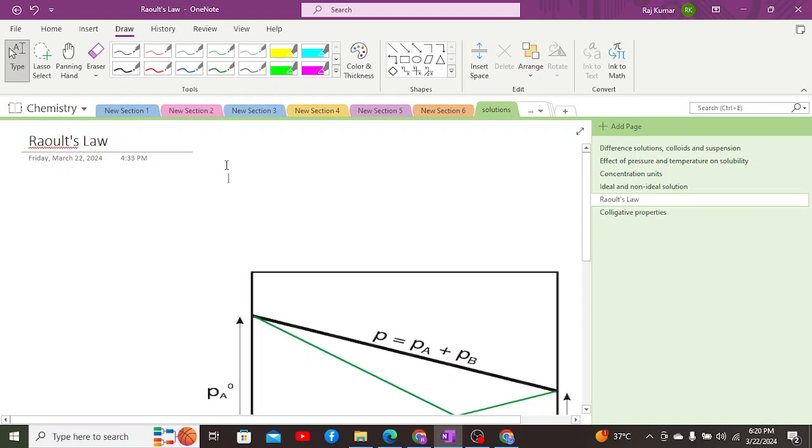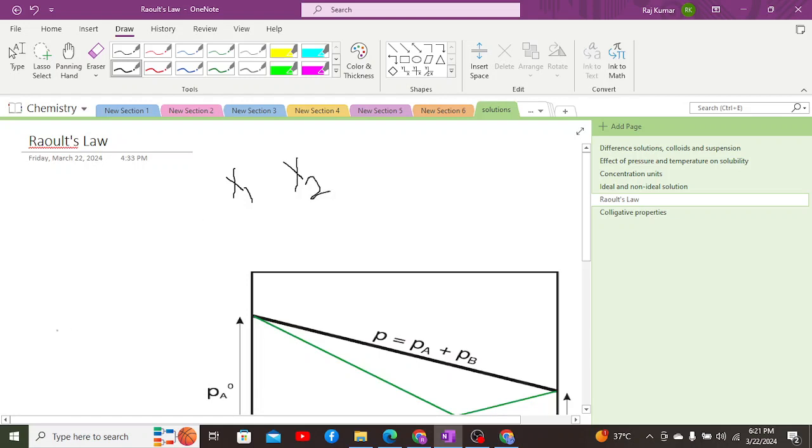His statement was that the vapor pressure of a solution with a non-volatile solute is directly proportional to the mole fraction of the solvent. If we were to write this equation, we can consider x1 as the mole fraction of the solute and x2 as the mole fraction of the solvent.